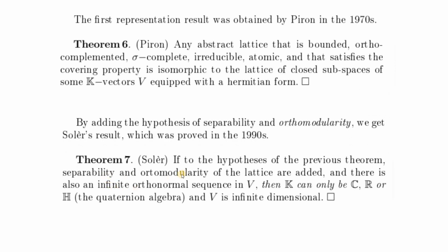for this property. So if we start with an abstract lattice with all the previous properties and orthomodularity, we get something very, very close to the mathematical structure of quantum mechanics, which is Hilbert spaces over the complex numbers.